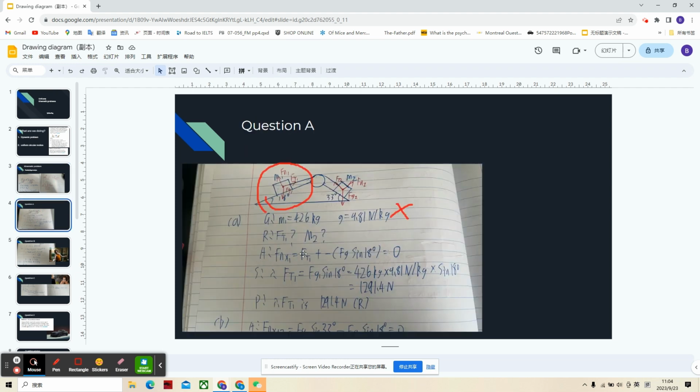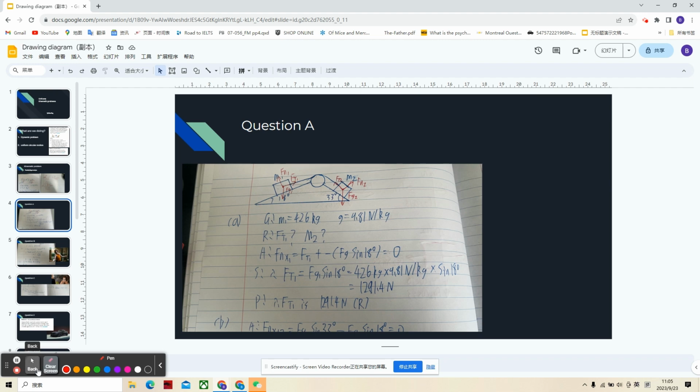So the net force on x equals the force of tension 1 minus FG1 sine 18, which equals 0. Since we already know what FG1 is, we just substitute into this equation, and we have 291.4 newtons for the force of tension. Therefore, we solve question 1.